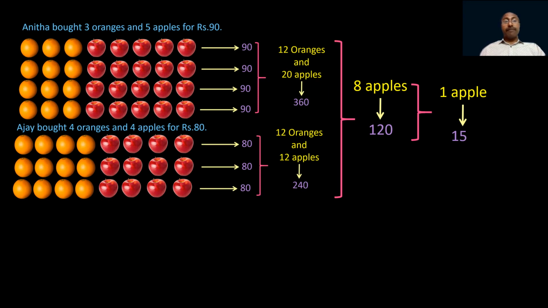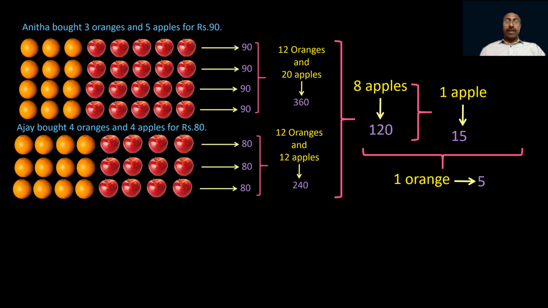That is, the price of 3 oranges is 15 rupees. That is, the price of each orange is 15 by 3, that is 5 rupees. Okay, so in this way they find the answer: the cost of each apple is 15 rupees and each orange is 5 rupees.